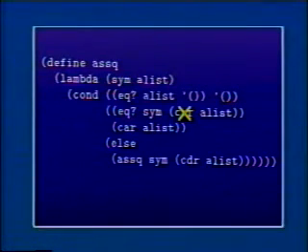Right there. And in any case, if the symbol is the car of the caar of the alist, then I want the first pair in the alist. So in other words, this is the key matching the right entry. Otherwise, I want to look up that symbol in the rest. Sorry for producing a bug. Okay, bugs appear.